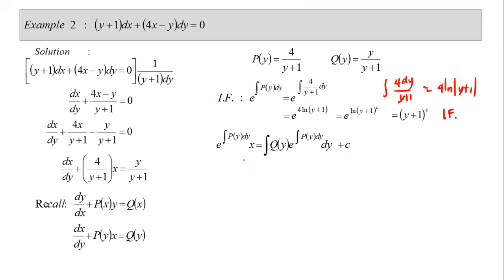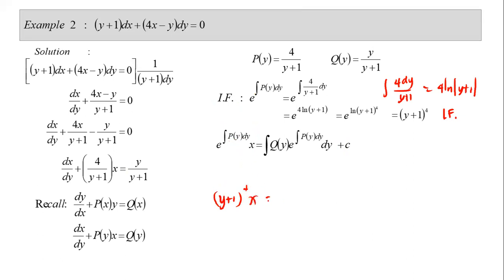Okay, so we shall have e raised to the integral of p of y dy. By the way, this is our integrating factor. All right, so that can be written as y plus 1 to the 4. Okay, so this is y plus 1 to the 4, our IF or integrating factor.